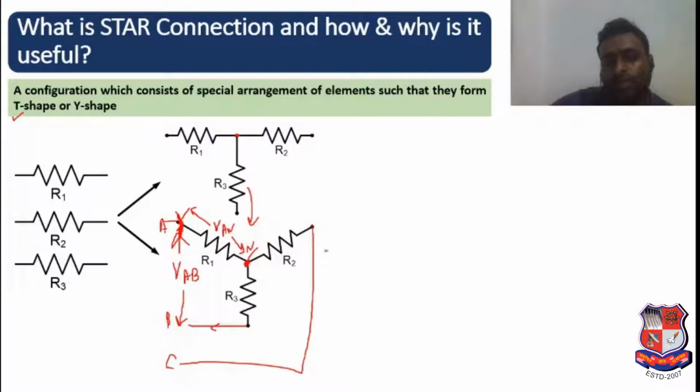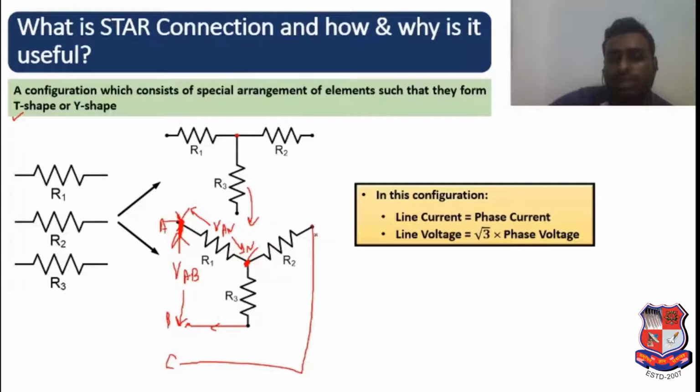The answer would be no. Line voltage cannot be equal to phase voltage because they are not measured at the same point. We are measuring with respect to A and B, and over here A with respect to N. So of course the voltage will be different.